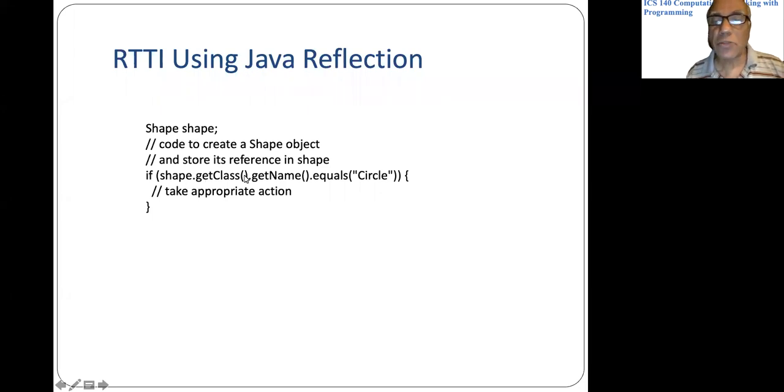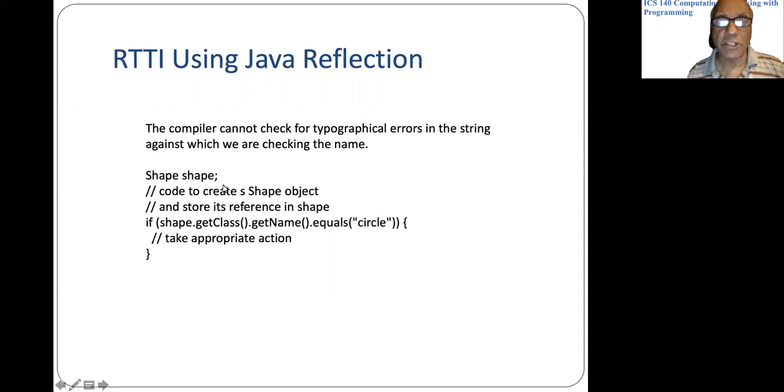So using the reflection mechanism by getting the class, its name, and checking if it is equal to a specific class name, you can figure out if the shape was created as a circle object. That is one way of doing runtime type identification. Another way would be using the instanceof operator, which we see in another video in this collection.